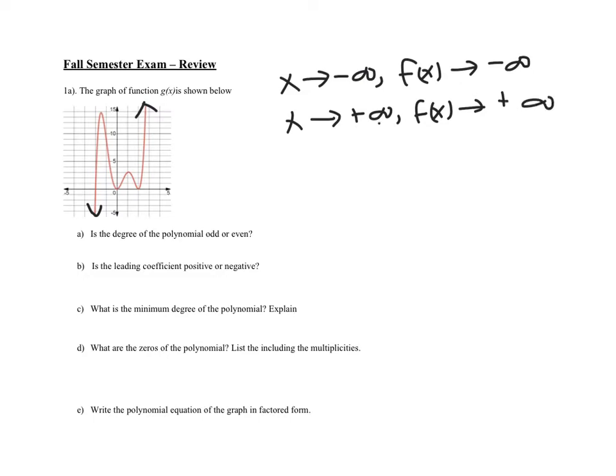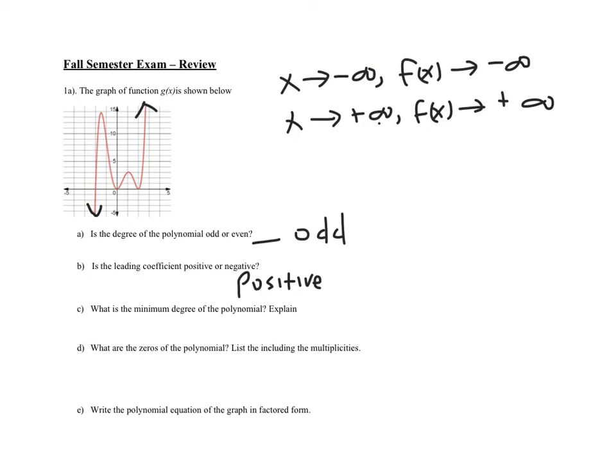And you don't have to write the positive. When you just write infinity, that means it's positive. So the graph with this behavior has an odd degree. So the degree is odd. And the next one, the leading coefficient is positive.